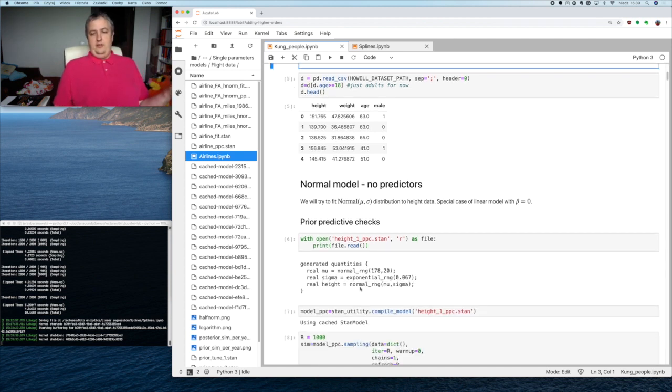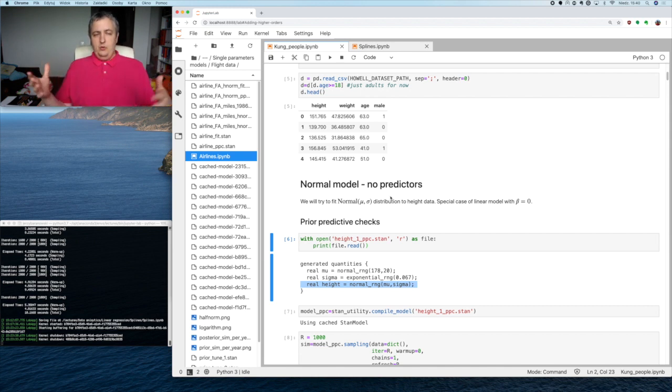If we have a normal model, our model will be a normal distribution with mu and sigma. Mu and sigma will need to be estimated, so we need to assign priors for that. For our prior predictive checks, we'll consider two priors. First, the prior for mu. The prior for mu would be how we expect the height of the population on average.